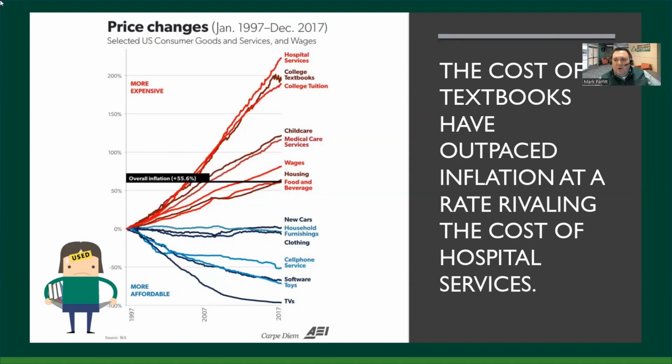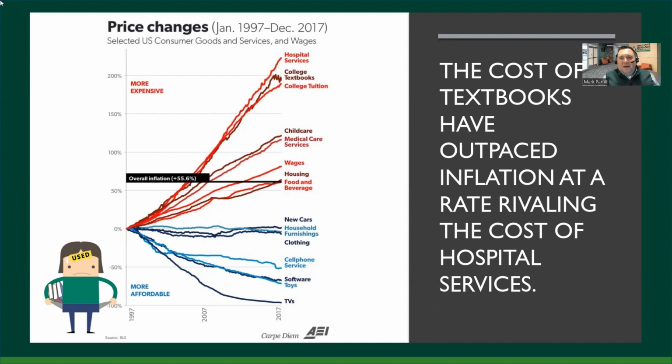Textbook publishers are also experimenting with different business models. As there's a push to go digital, the textbooks are going digital, and what that has had an impact on is the used textbook market. If you think about when you were back in college, buying used textbooks was often a way to save a couple bucks.